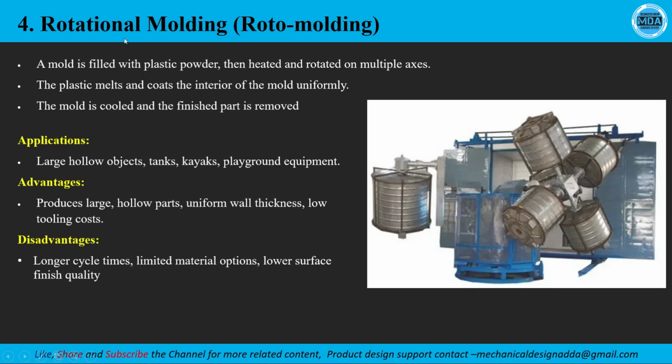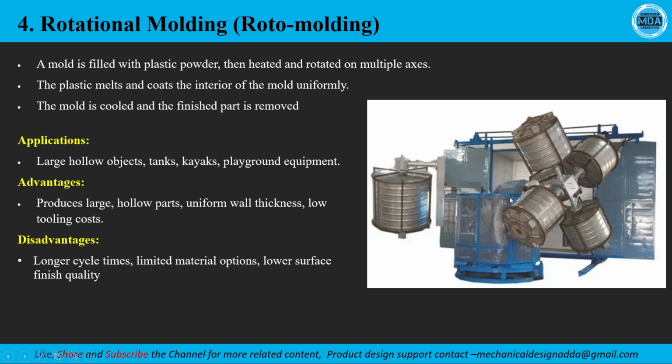And then we have rotational molding. This process is also used for hollow parts, but for big size components, and the production rate is slow compared to blow molding. Here we use a complete big mold, and we place the material in it and rotate the complete axis throughout the process.